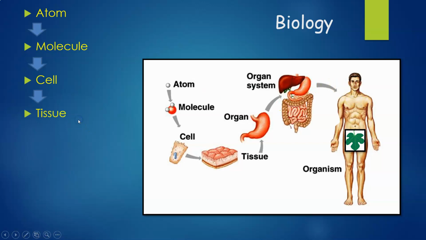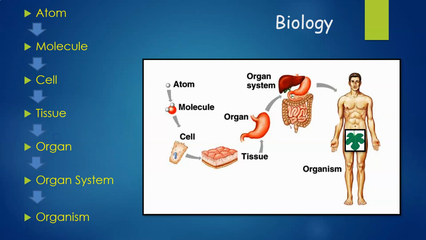So then several cells can form tissue, and then after the tissue we can get an organ, and then an organ system, and finally at the end we have an organism.